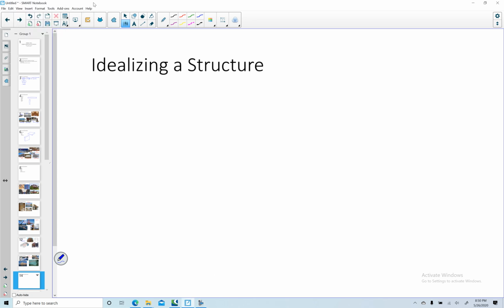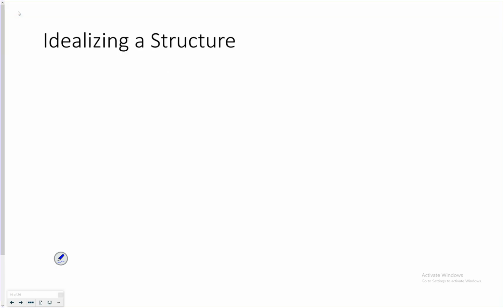All right, now it's time to start talking about how we're going to idealize these structures and structural elements that we just talked about. Why do we idealize structures into a model?